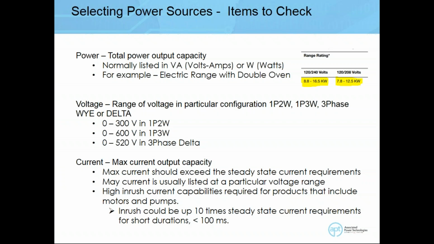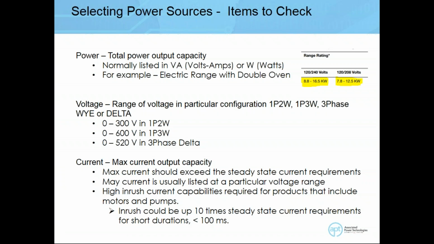So take a look on the right here. We have an example of power rating from an oven. The oven requirements at 120 volts, maybe 120 volts to 240 volts, could be anywhere from 8.8 kilowatts to 16.5 kilowatts. Now, I need to make sure that my source is able to output at least 16.5 kilowatts of energy.